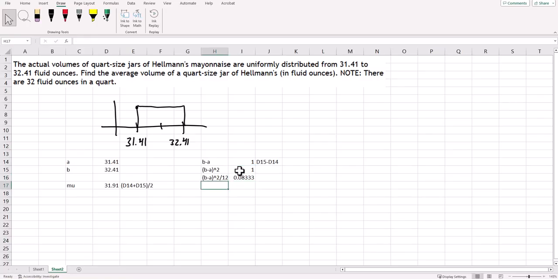And then lastly, our standard deviation here, sigma, is the square root of this. And so I'll start typing, grab the square root function, close it up, and we would have our standard deviation. Just going back in here and add in a little bit of work.